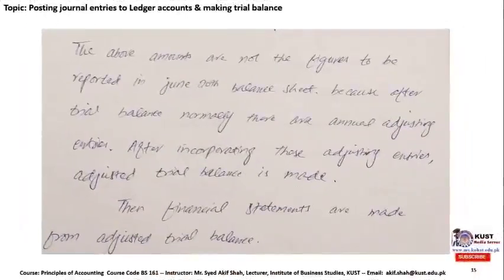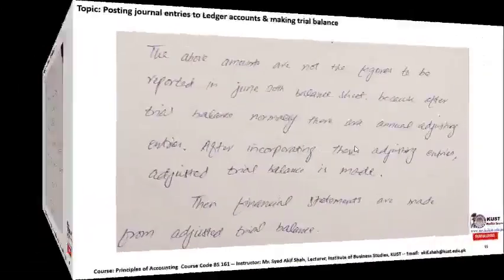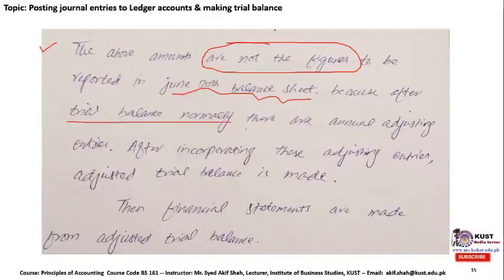The second part of the final question asks: are these the values which should be recorded in the balance sheet in the subsequent step? The answer is no. The above values are not the figures that should be reported on June 30th in the balance sheet, because in the trial balance there might be certain entries that we have omitted, which should be highlighted in the next step of the accounting cycle.